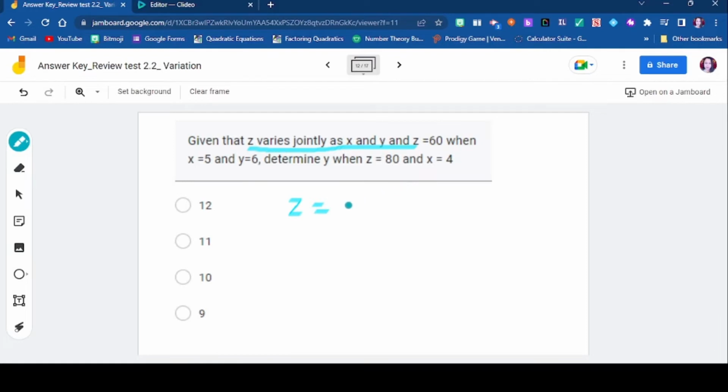So that would be k of x, then multiply also by y. Substitute 60 is equals to k. Then our x is 5. Our y is 6.